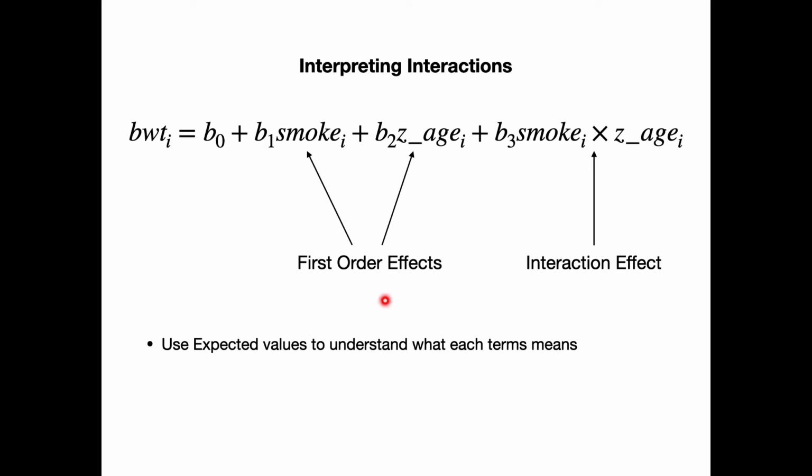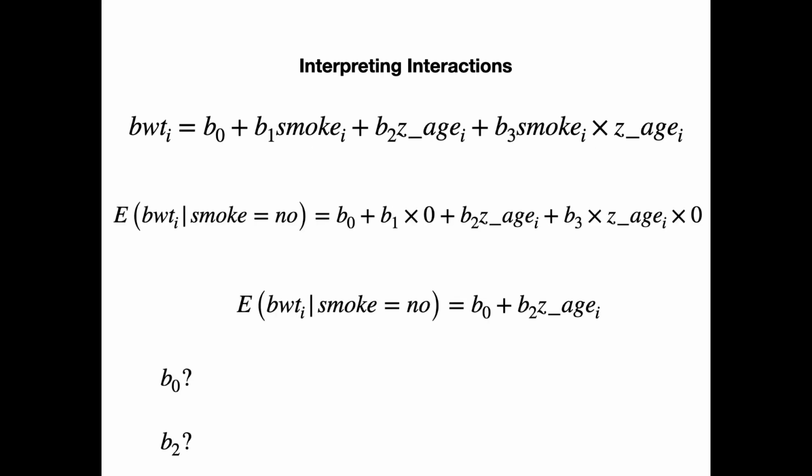So I'm going to call them first order effects and expect you to do the same. This is our first order effect for B1, our first order effect for B2, and then our interaction term. Just like we did with dummy coding, we're going to walk through expected values to help us understand what each of these terms mean.